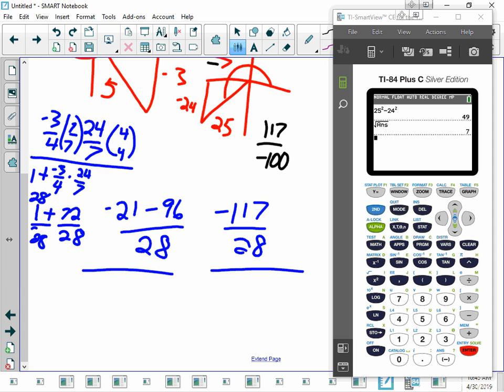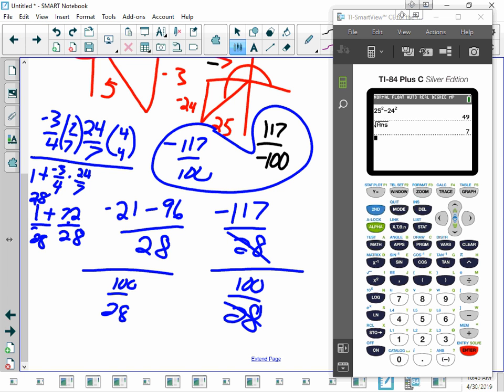Whatever. We're going to call that a plus. So I messed up, but 28 plus 72 is 100 over 28. So this is 100 over 28. Over here it's 100 over 28. And then you flip and multiply, and the 28s cancel, and I get negative 117 over 100, which is what I got the other way.